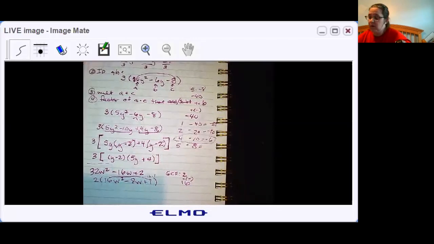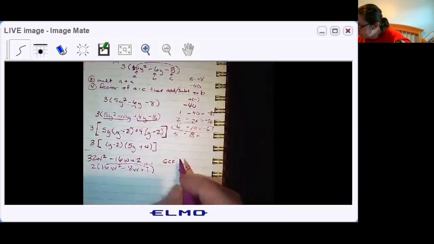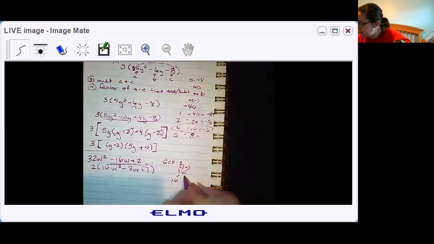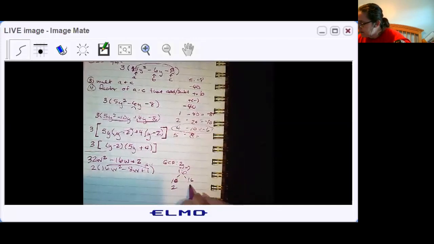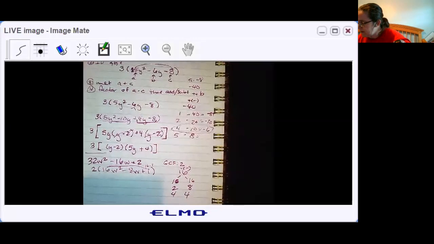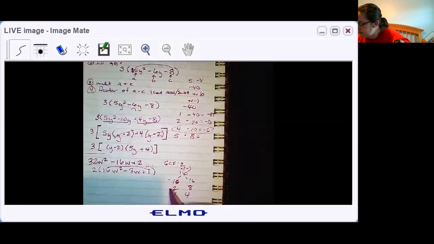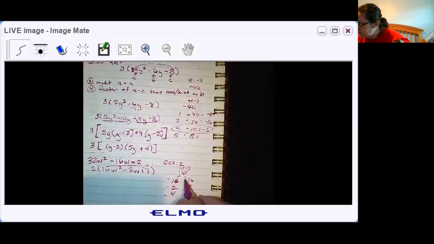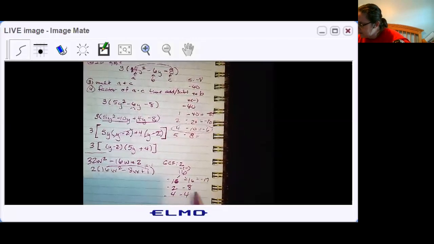So let's now look at what numbers give me 16. Either 1 and 16, oops, 2 and 8, or let's see, 4 and 4. Because I decided they both have to be negatives. What's going to happen? Well, negative 1 minus 16 is negative 17.